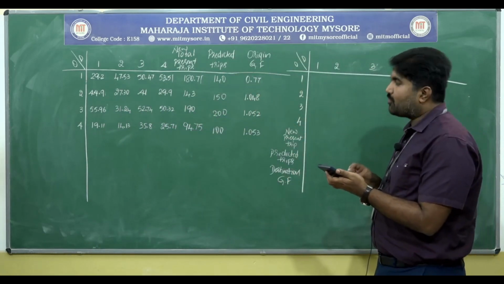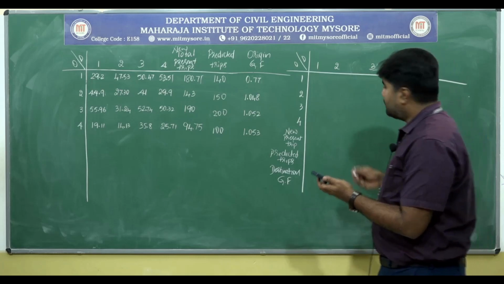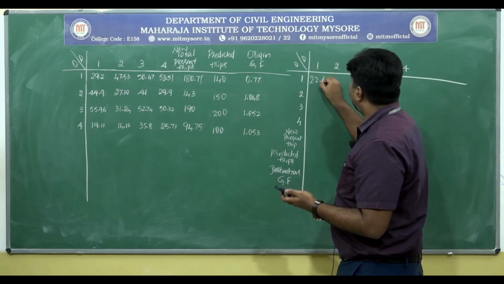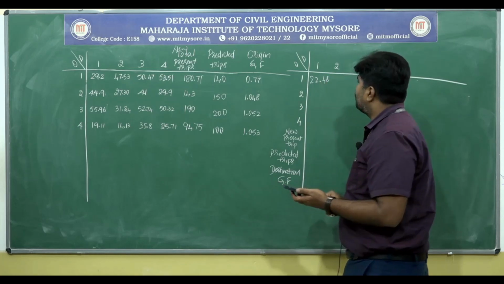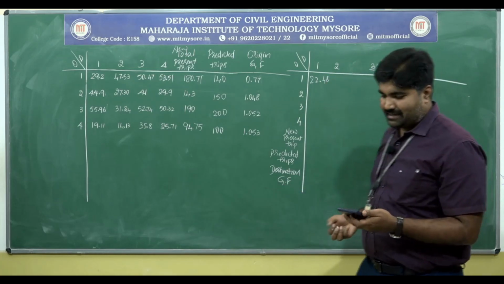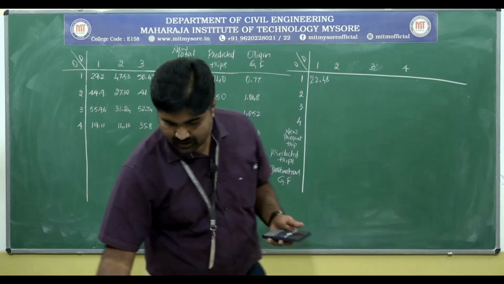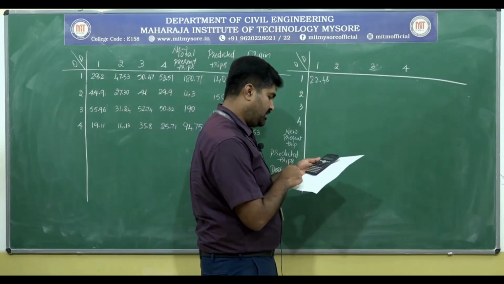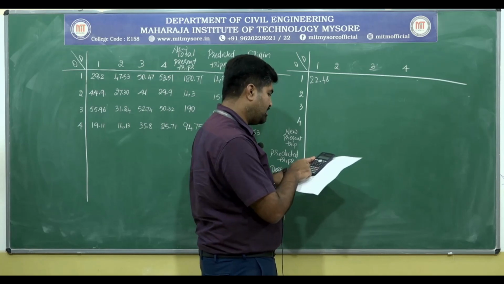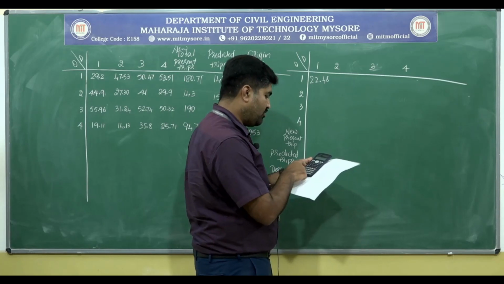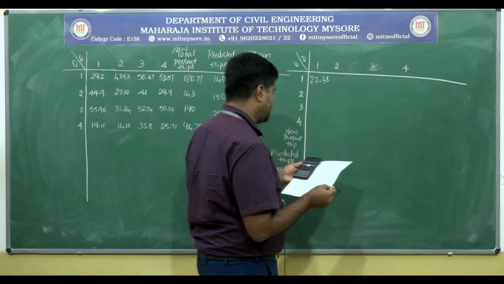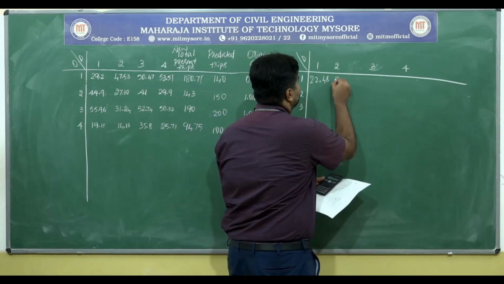0.77 into 29.2, you will get 22.48. Next, 0.77 into 47.53, you will get 36.6.